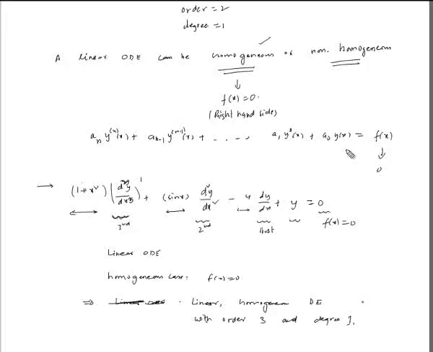So this is a complete way of describing it. First is whether it's an ODE or PDE, so that's ODE. The second classification is order and degree, which we have seen. And the third classification is whether it's linear or non-linear, and a sub-classification of linear is homogeneous or non-homogeneous.